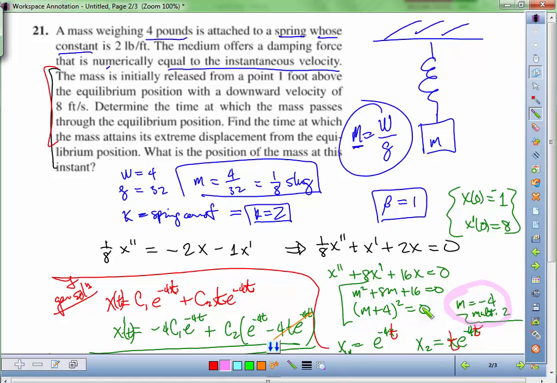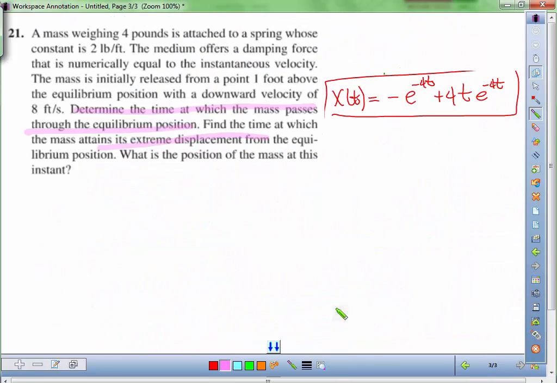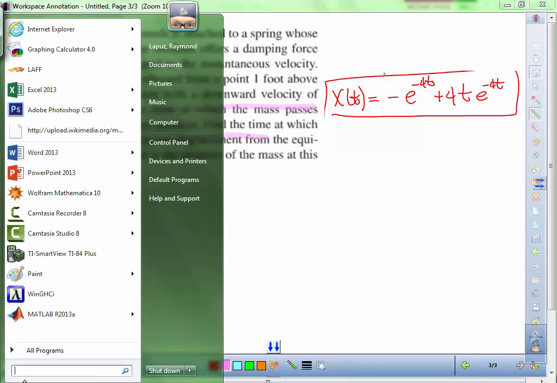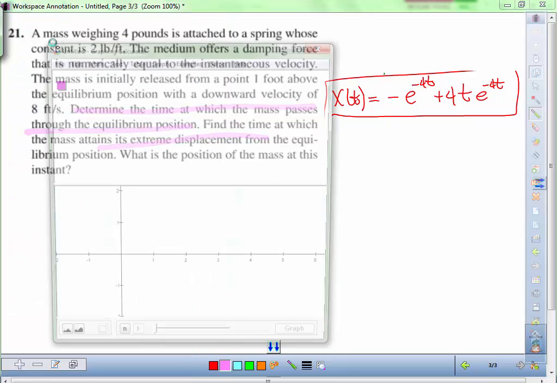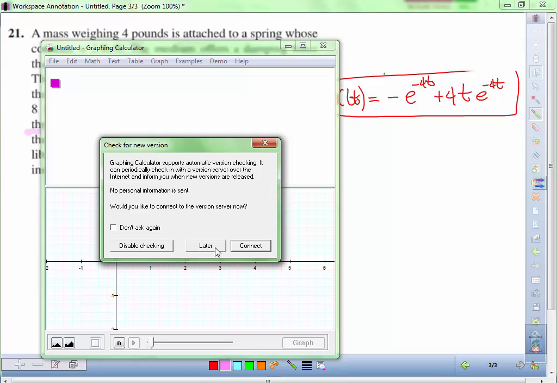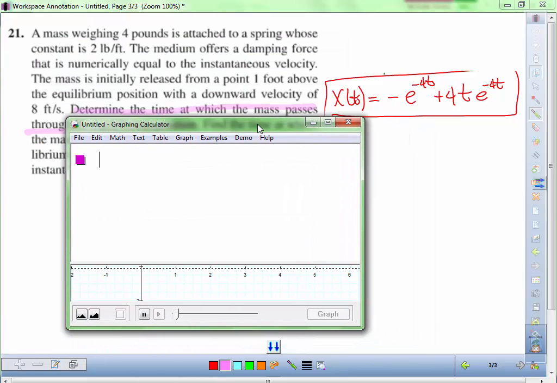All right, we can graph this using your calculators or graphing calculator or Mathematica or whatever. I'm going to use the graphing calculator program because I think that's easy enough to deal with. And just remember, whatever graphing calculator you have, you need to use the appropriate variables for your graphing calculator.